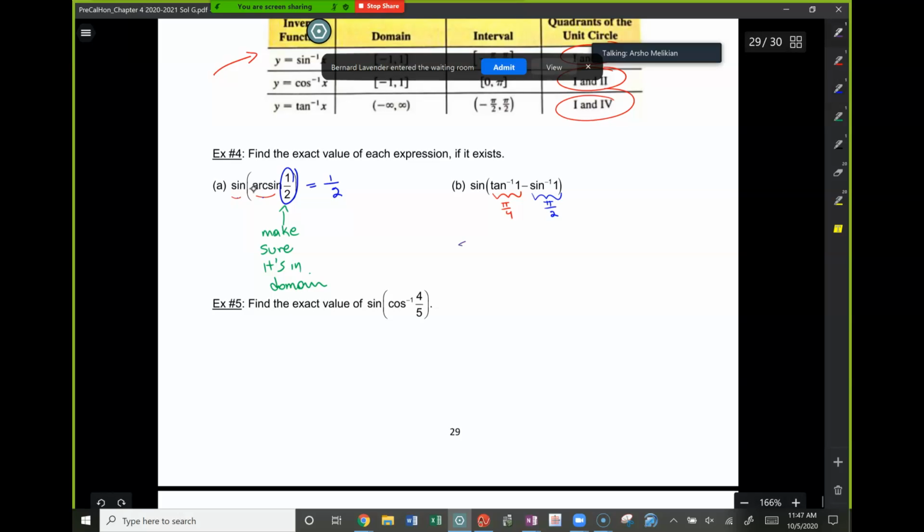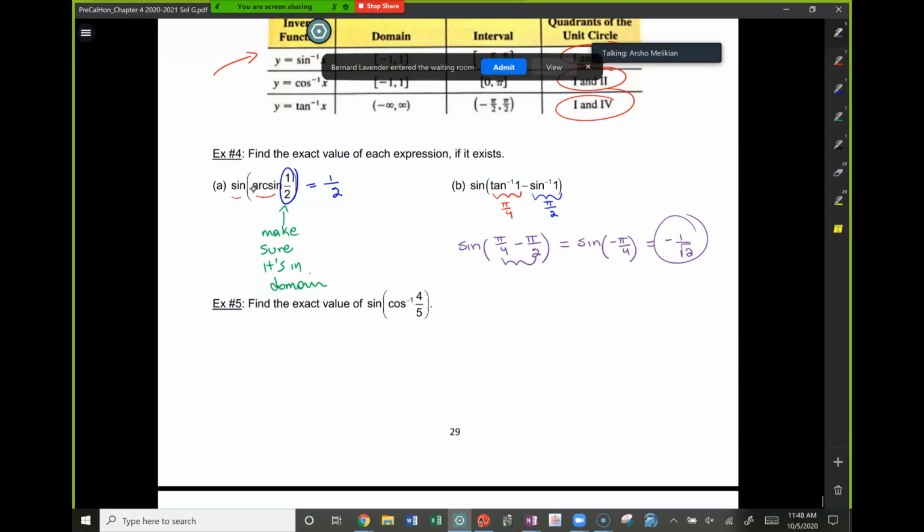So what I do now is I say this is equal to sine of pi over 4 minus pi over 2. And then this is sine of, when I do the common denominator there, negative pi over 4. And that's from like section 4.1 or 3. What's sine at negative pi over 4? It's negative 1 over root 2.